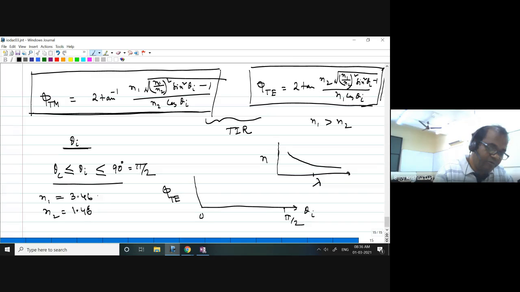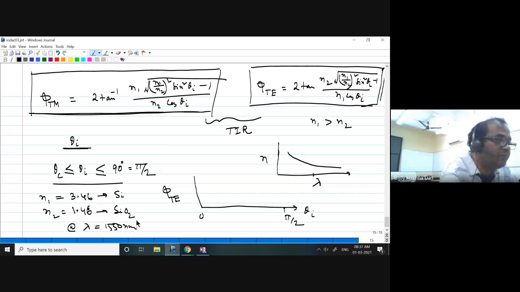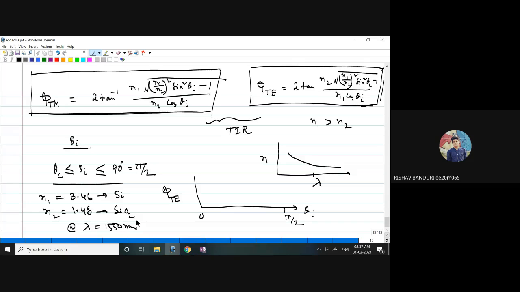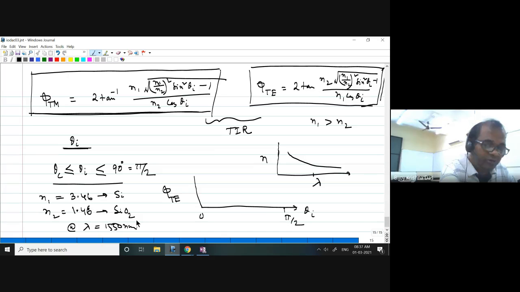This corresponds to silicon and silicon dioxide approximately at lambda equal to 1550 nanometer. So just typical values I have given. If I ask you to plot this, how will it look? Can anyone help me? Sir, there will be a maxima at sin theta equal to N1 by N2. What would be the value at theta equal to 0?